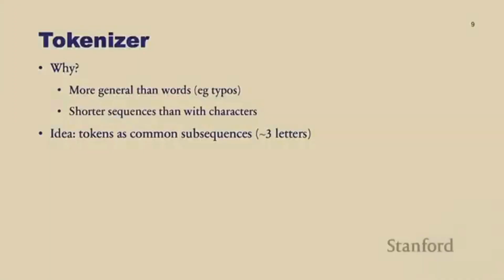The issue is that then your sequence becomes super long, and as you probably remember from the lecture on transformers, the complexity grows quadratically with the length of sequences. So you really don't want a super long sequence. Tokenizers try to deal with those two problems and give common subsequences a certain token. Usually you should think of it as, on average, every token being around 3-4 letters.